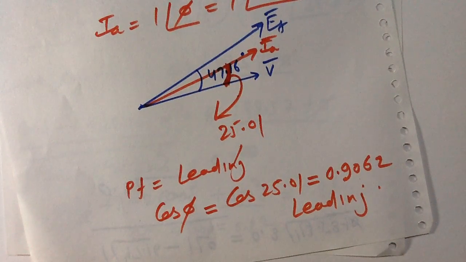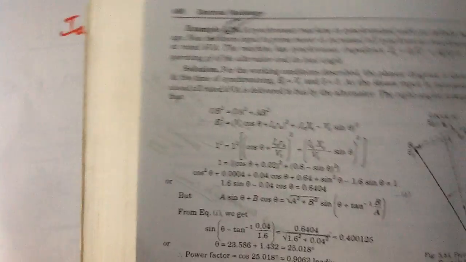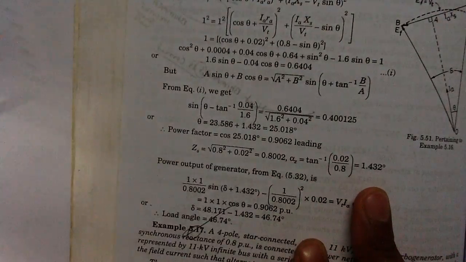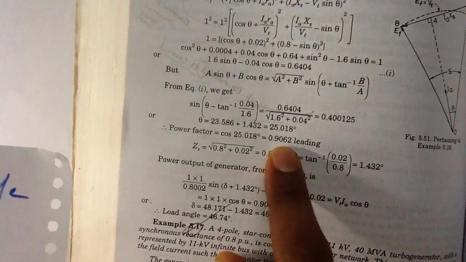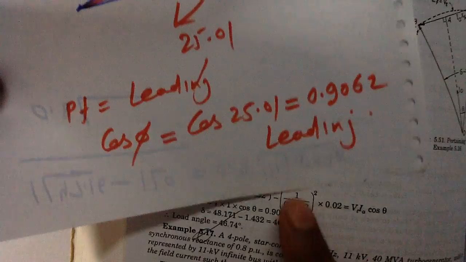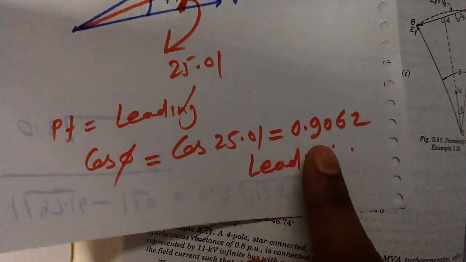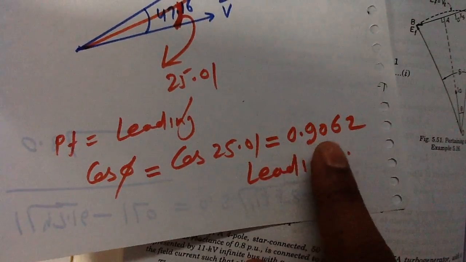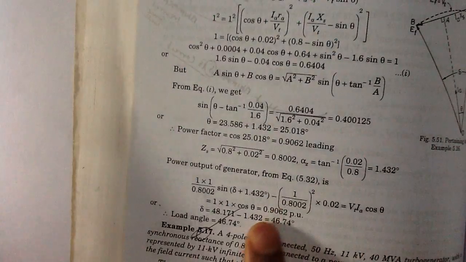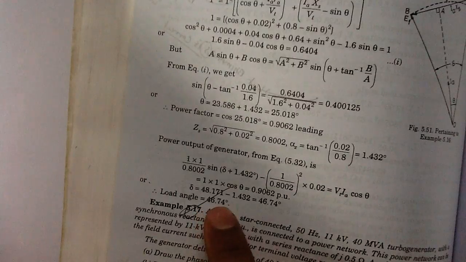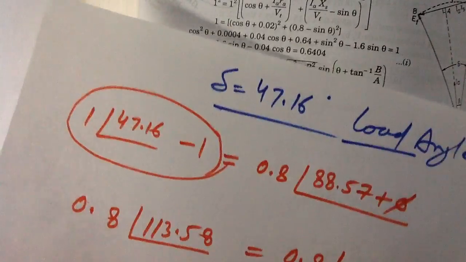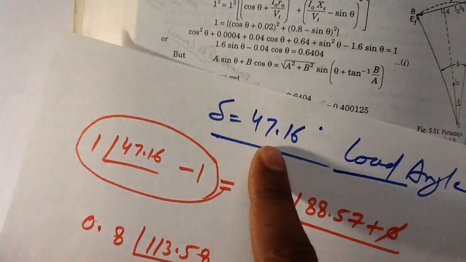If you see the printed solution, here it is written the power factor is 0.9062 leading. So I am getting the same thing in my solution, 0.9062 leading, and the load angle of the machine is 46.74, and I have got 47.16 degree.